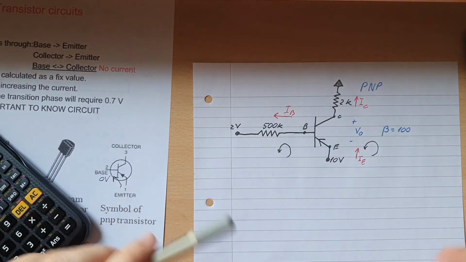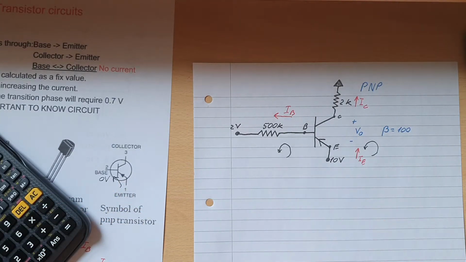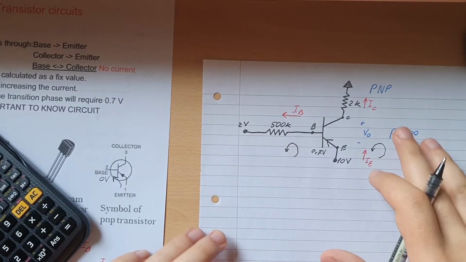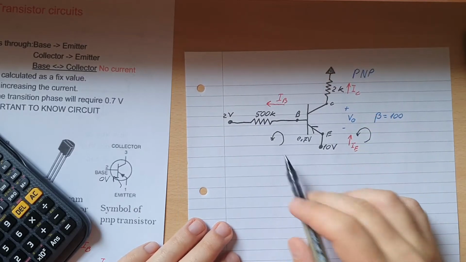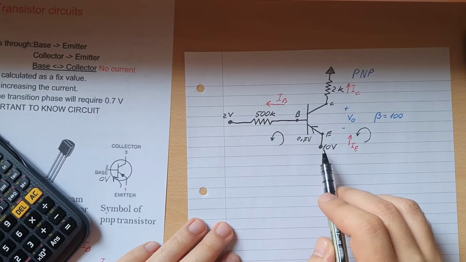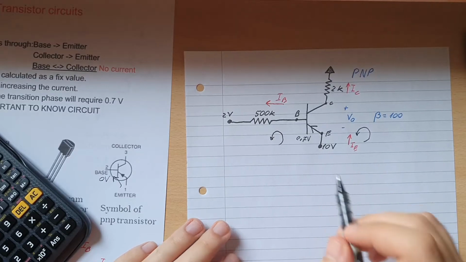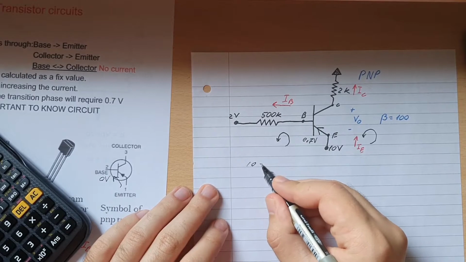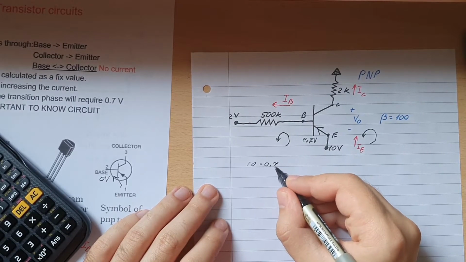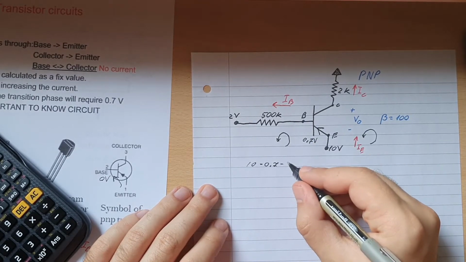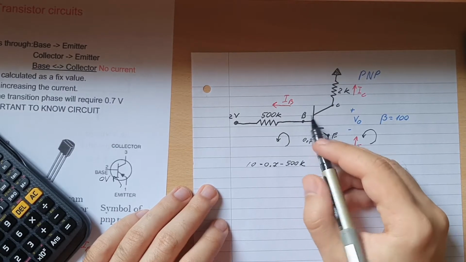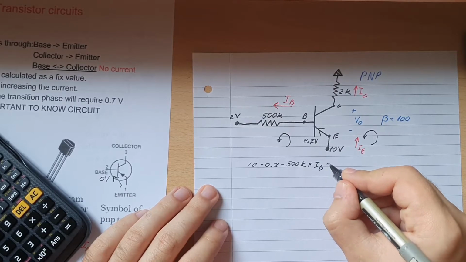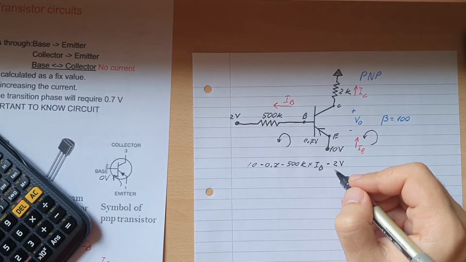Now, how do we calculate this? Well, also remember that it's the 0.7 volts in here as well, and we calculate the exact same way. We start from the emitter, this point, because this is kind of the source, and that will be 10 minus 0.7 minus 500k, and very importantly that's IB going through it, minus again 2 volts.